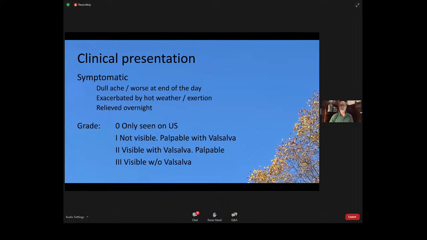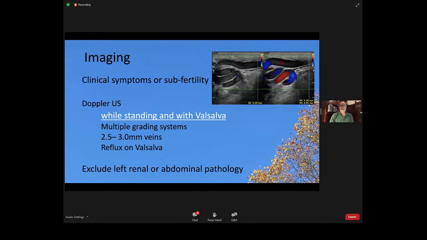There are lots of grading systems, both clinical and ultrasound. In fact, most of the time now I grade my varicoceles with ultrasound, and the importance of that is that I do it while standing. With all these venous pathologies we're talking about a physiological as opposed to anatomical pathology.